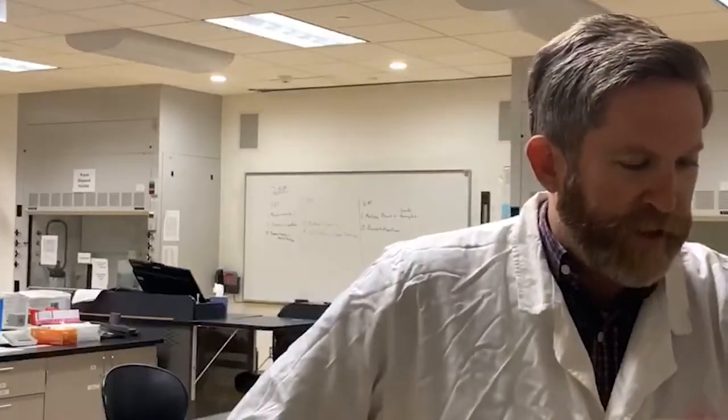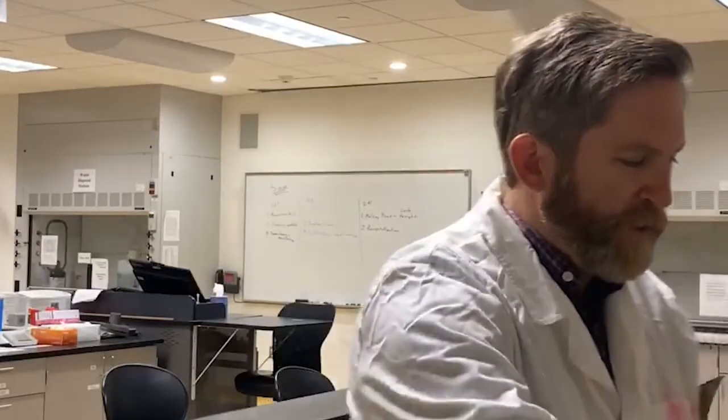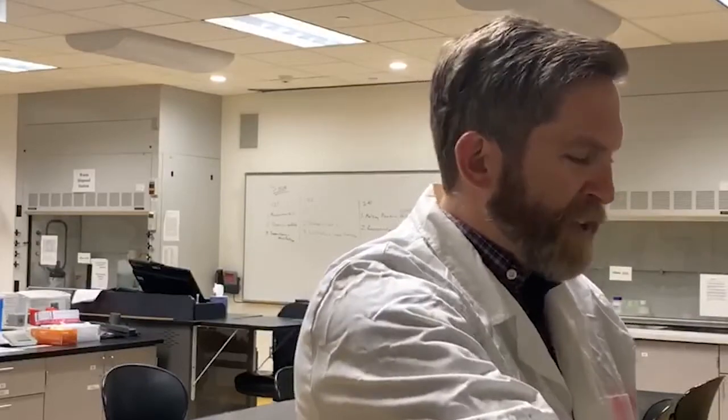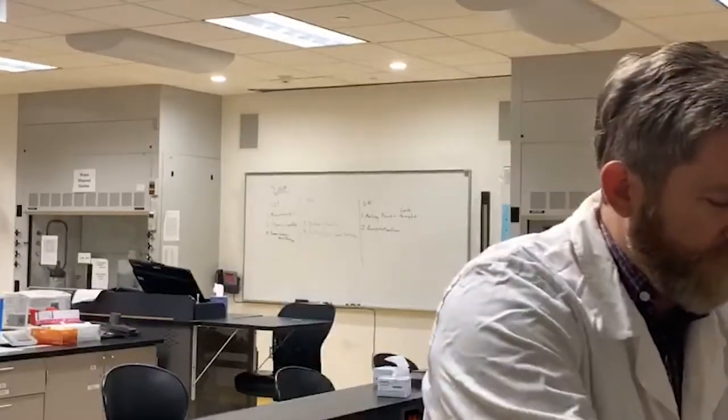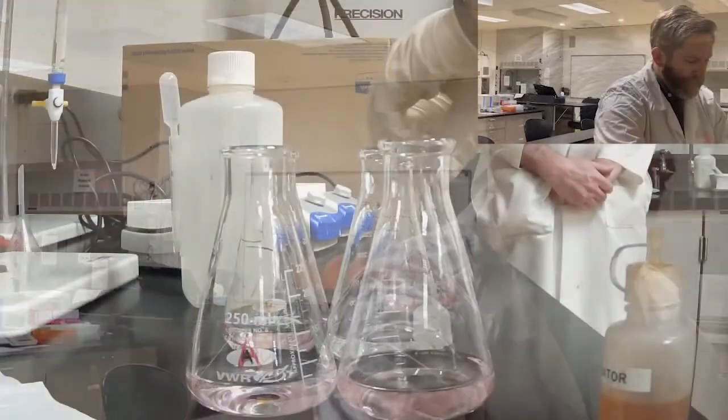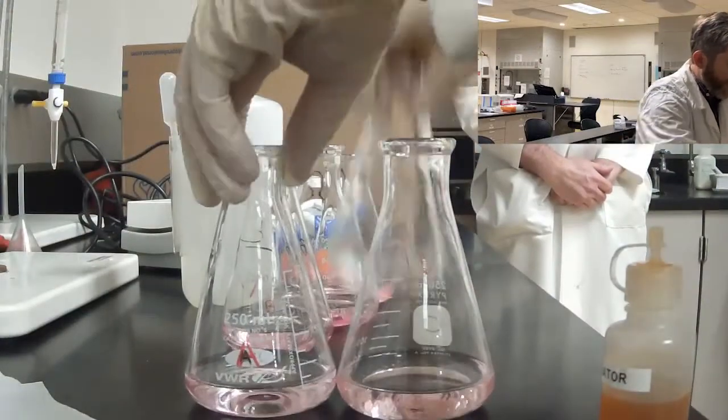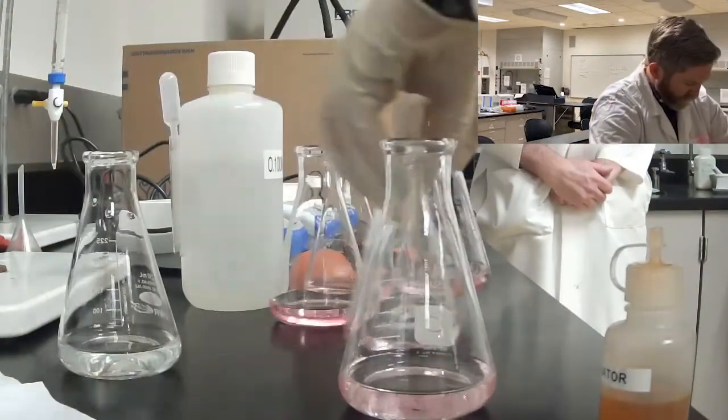All right, welcome to the commercial antacids lab. What I've already done is taken the liberty of dispensing some of this simulated stomach acid into these 250 ml Erlenmeyer flasks. In these 5, I've already added the methyl red dye.